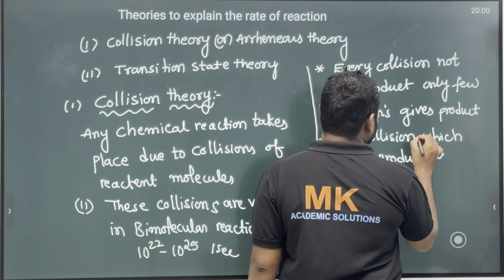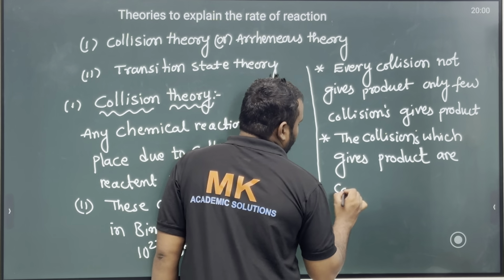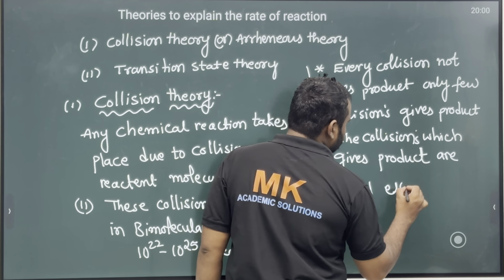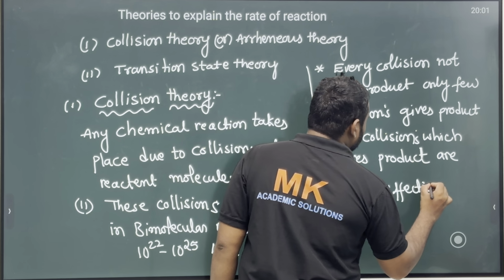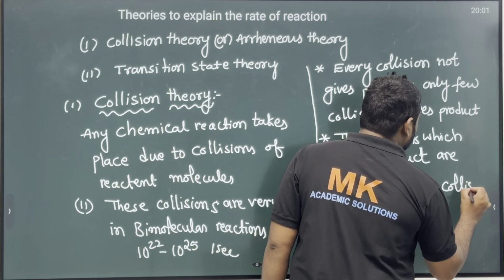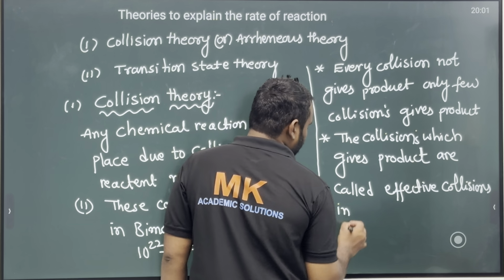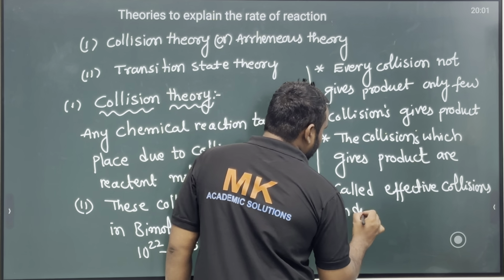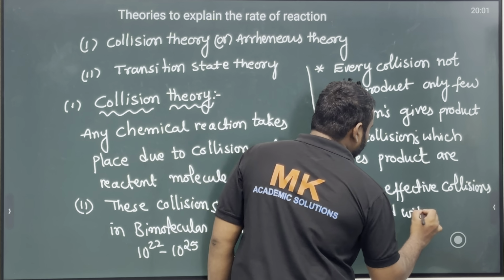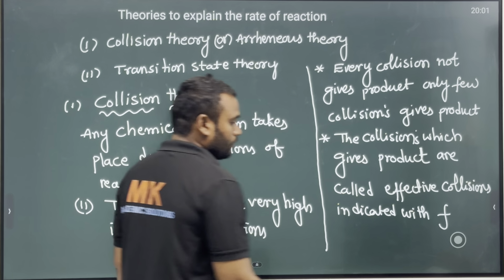The collisions which give product are called effective collisions, indicated with small f. Okay, effective collisions.